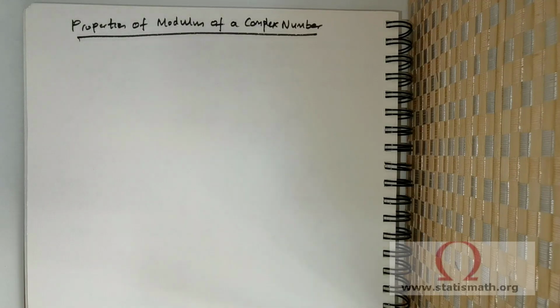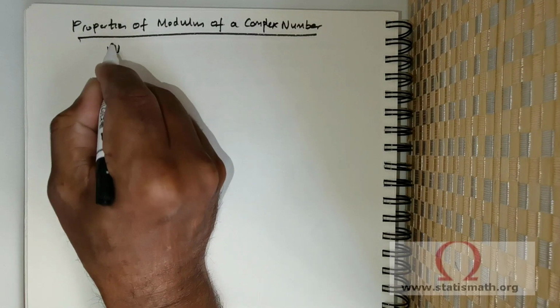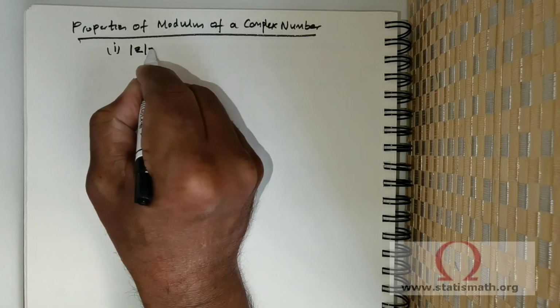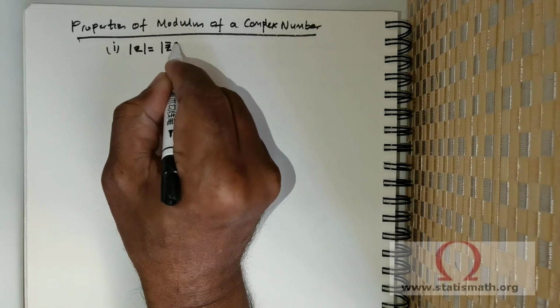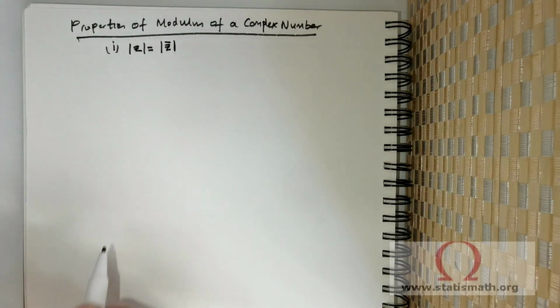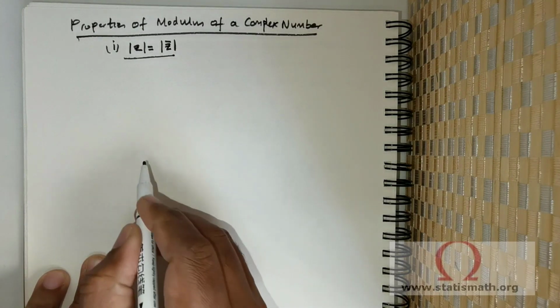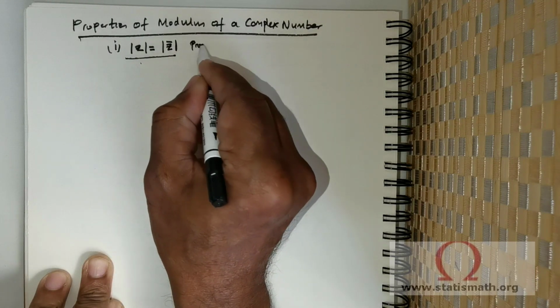Students, in this class you are going to be studying some properties related to modulus. The first property is that the modulus of z is equal to the modulus of its conjugate. This is a very important property and we have to show that. Now I'm going to give you the proof here.